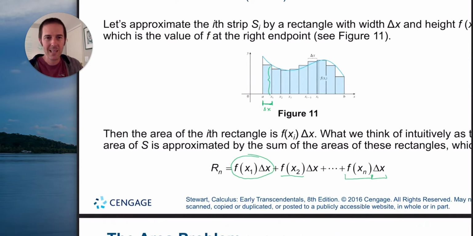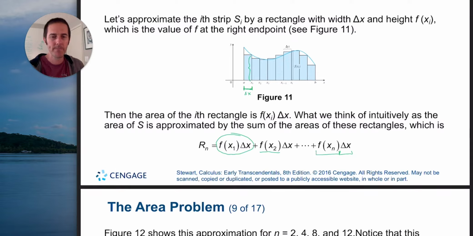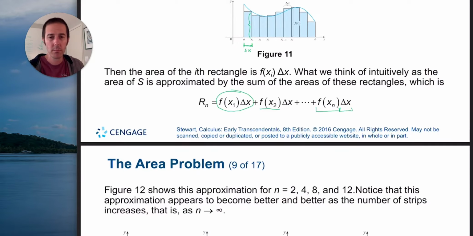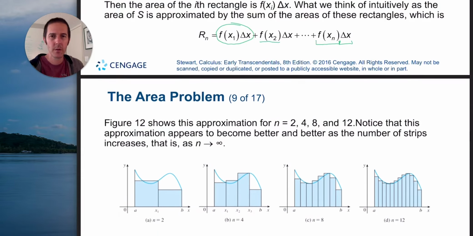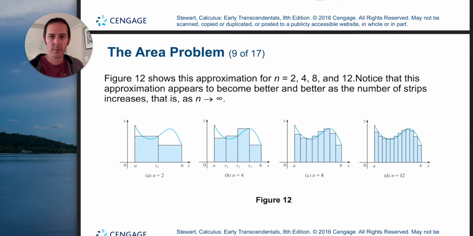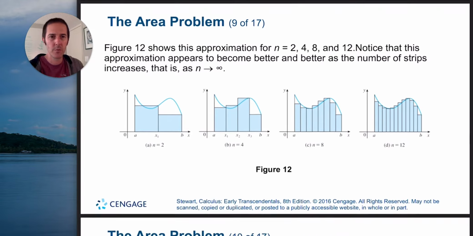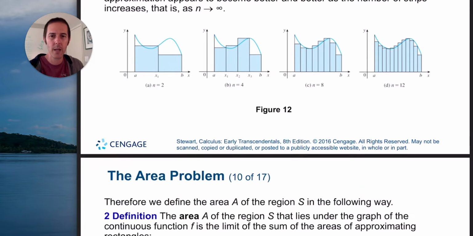So this is a slightly more specific, yet still general, formula or description for finding the right estimate of the area under a curve. Another illustration of the fact that as we use more strips, the approximated area under the curve becomes more accurate.